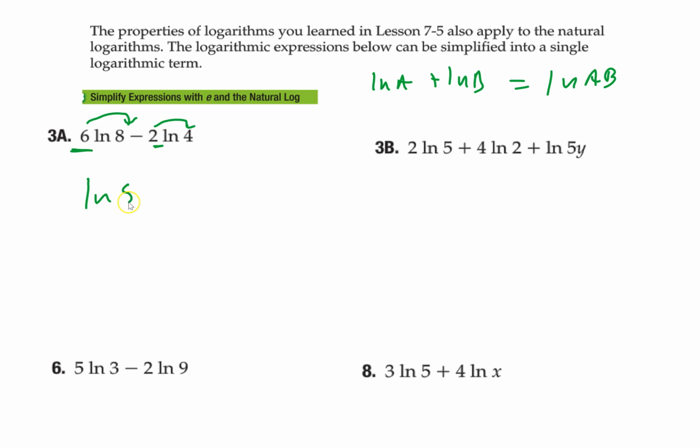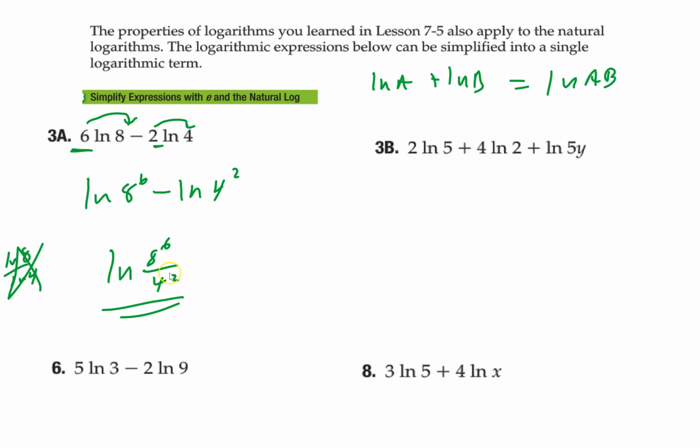So natural log of 8 to the 6, heck if I know what that is, minus natural log of 4 squared. That's a minus sign, so we're going to divide. So again, the key is it's 1 log, natural log of 8 to the 6 over 4 squared. Again, it's 1 log. I hate when people do this wrong.